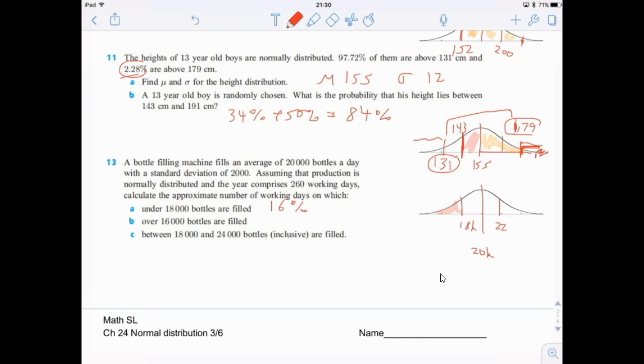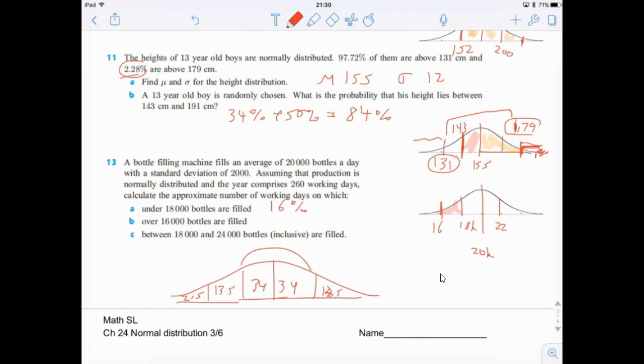Okay? Remember that, again, this is 34, this is 34, because they add up to 68, right? Then this part here is 13.5, and this part here is about 2.5. Okay? Over 16,000 bottles are filled. 16,000 would be here, right?